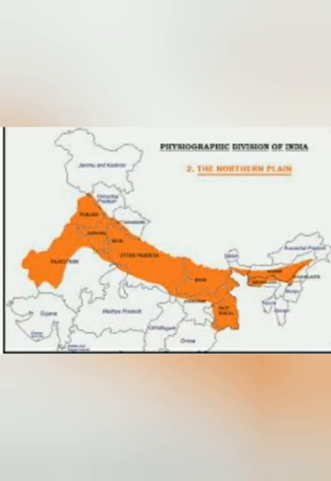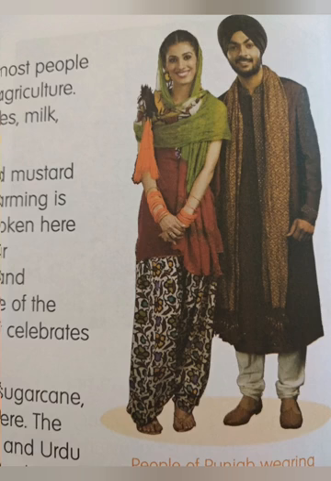The soil in the plains is very fertile, so most people in the plains grow crops and practice agriculture. People eat rice, dal, vegetables, milk and milk products. Punjab and Haryana: Rice, wheat, and mustard are the main crops grown here.